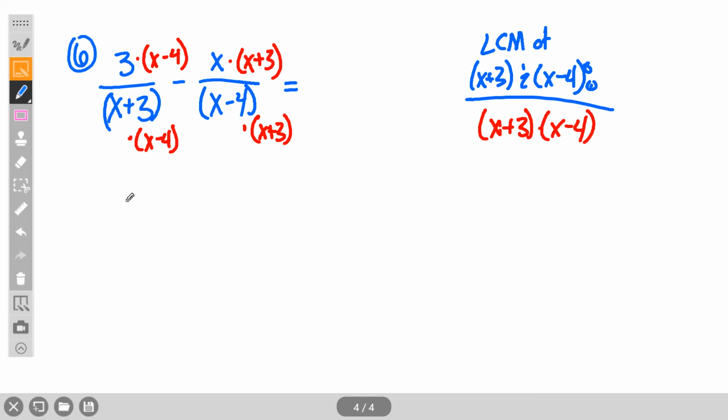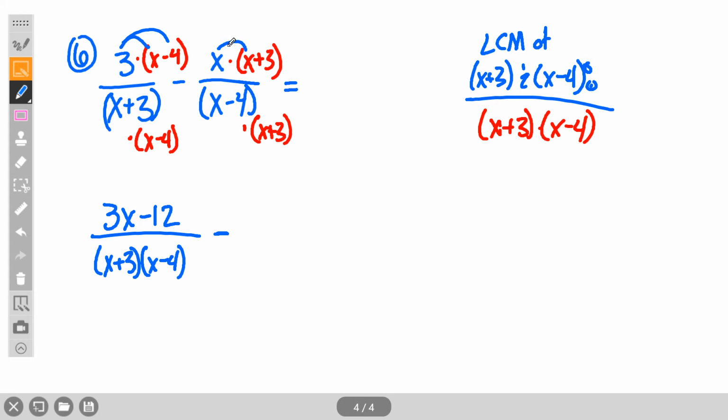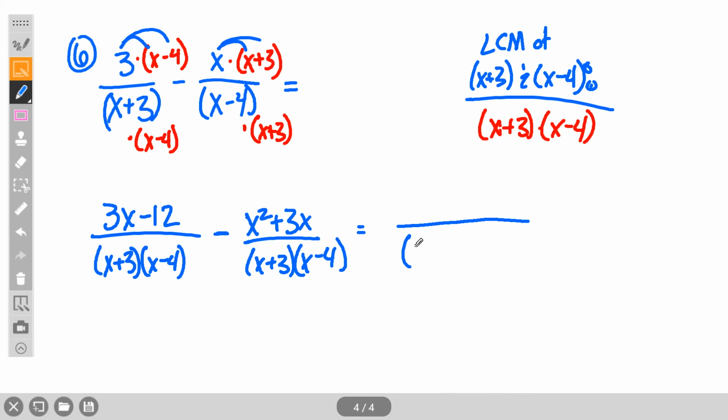All right, so distribute: 3x minus 12 over x plus 3, x minus 4, minus, distribute, x squared plus 3x over x plus 3, x minus 4. Now they have the same denominator, so I know the answer is going to be over x plus 3 times x minus 4.